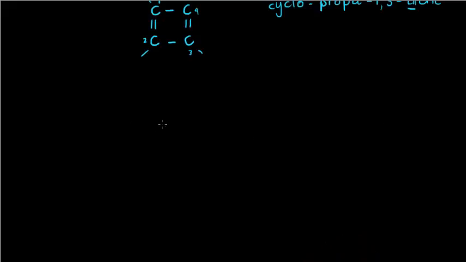But the important one, the one that will really come into play a little bit later when we do polymers, is when we have 6 carbons. In other words, it looks like this. 6 carbons like this, and every second one has a double bond. So we have single bond, double bond, single bond, double bond, single bond, double bond.